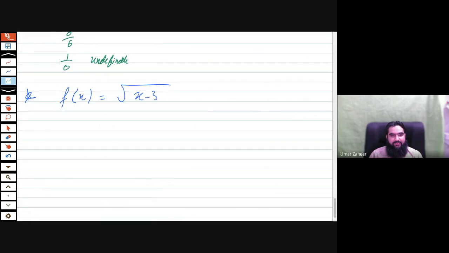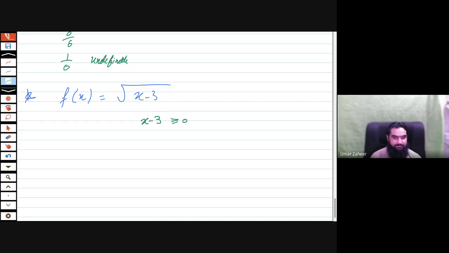All right, now we have the function in this one. We have to check at which value it is going to be undefined, meaning you will get a negative value inside the square root, right? So it means that the value inside the square root must be greater than or equal to 0.